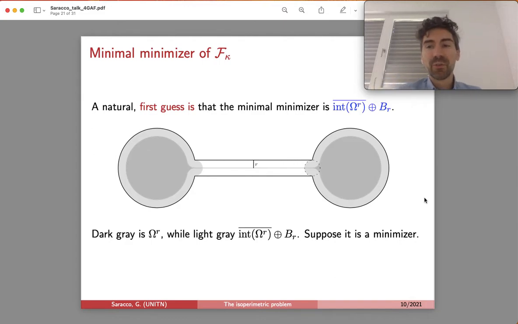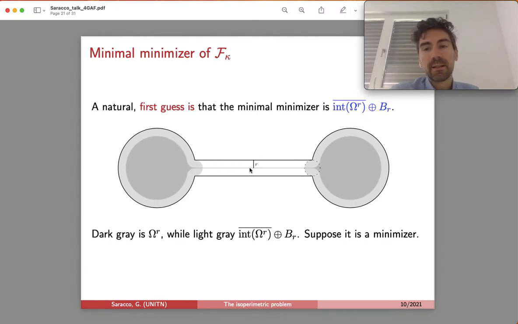But let us consider this set here, that is two balls, say of radius 1, linked by a very thin tube, and let us fix kappa to be the inverse of half the width of the tube.